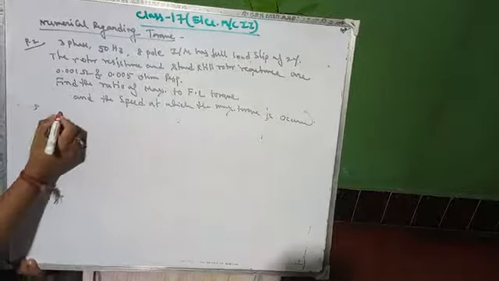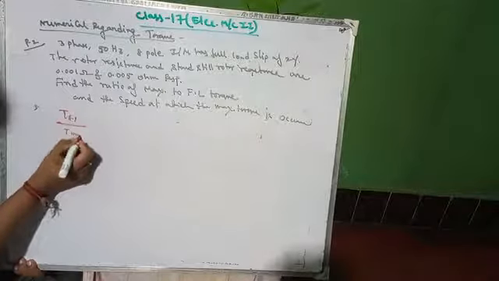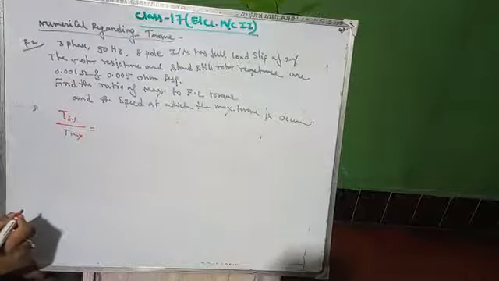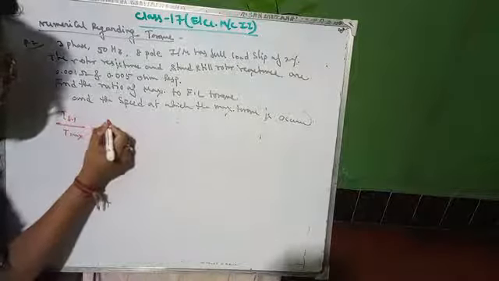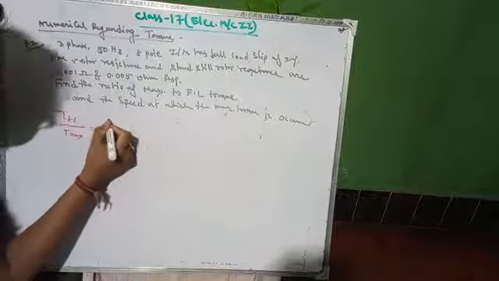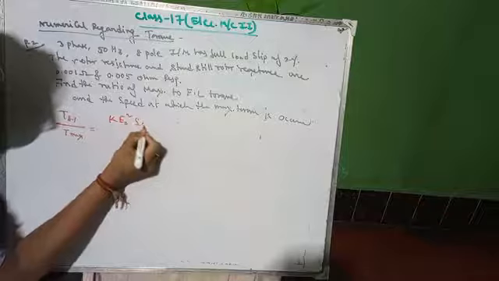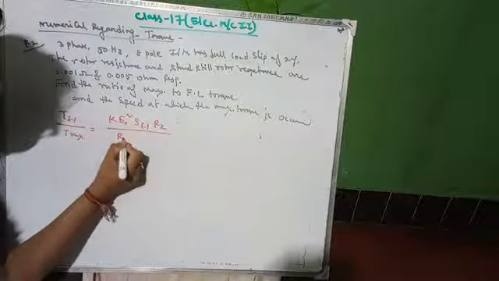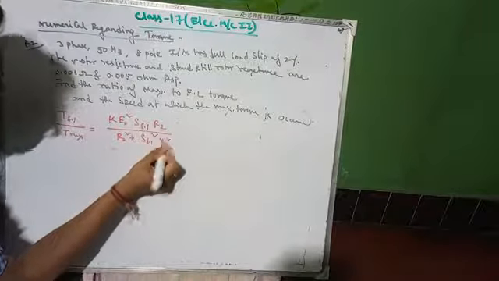So you have to find the full load torque T of FL by T of max, right? So what will be your formula? T of FL equals to K into E2 square S of FL into R2 divided by R2 square plus S of FL square into X2 square, right?